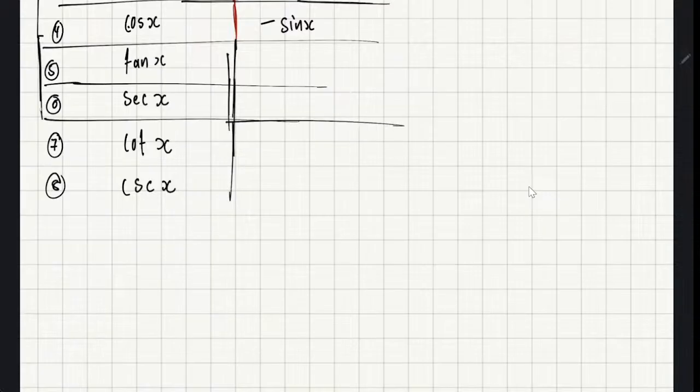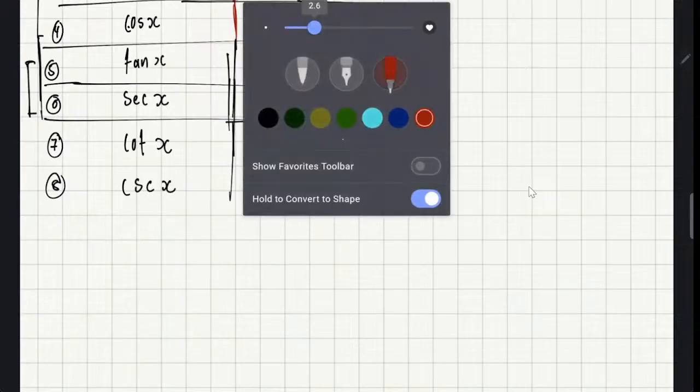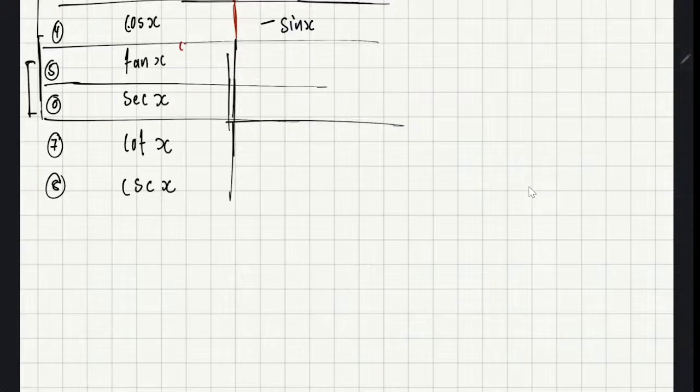Tan and sec, they are related. Once you get to tan, you'll be knowing that this is the stronger one. So it will give you sec as a squared. So it'll be sec squared x. But sec x cannot give you tan as a squared. So it will come sec x, then put tan x.